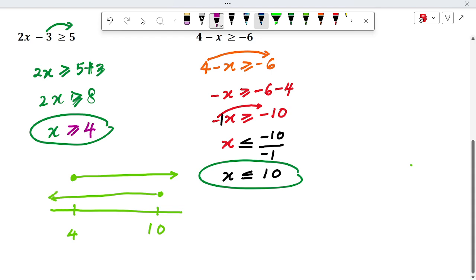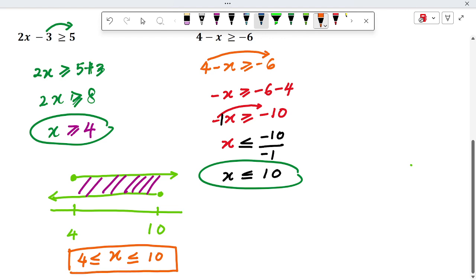So they meet in between. So your final answer will be x is in between 4 and 10. It is more or equals to 4, but it is less or equals to 10. This will be your final answer. That's all for solving linear inequalities.